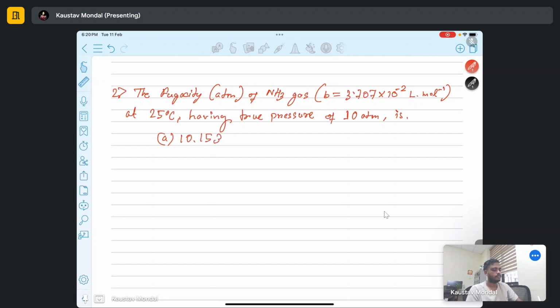Option A is 10.153, B is 11.00, option C is 15.67, option D is 9.87.